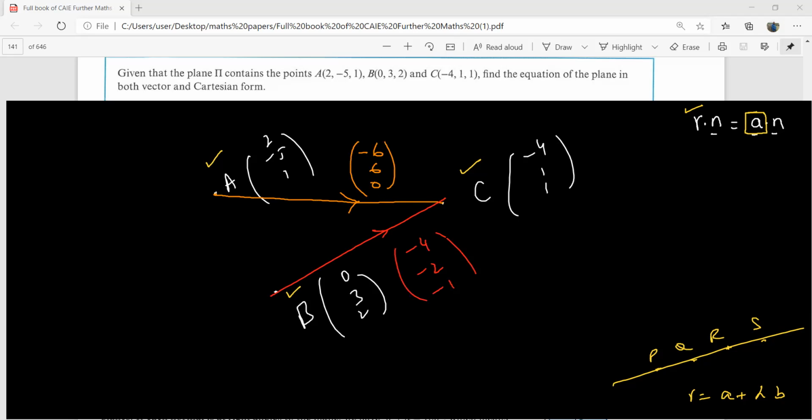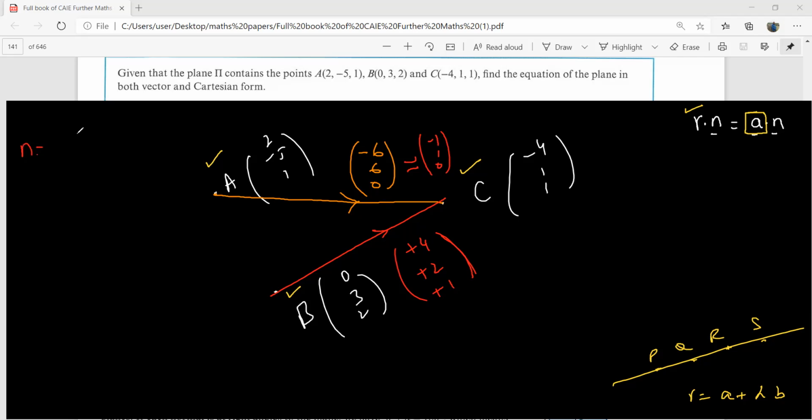Remember, we can simplify a direction vector, so you can take AC as (-1, 1, 0), and cancel out the minuses in BC. The cross product of these two directions will give you your n.